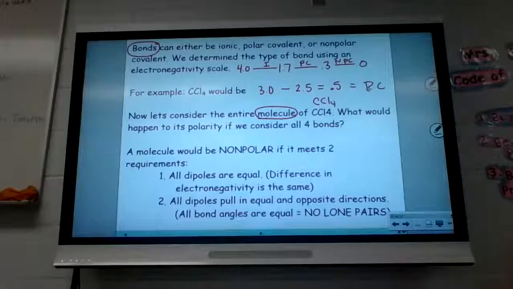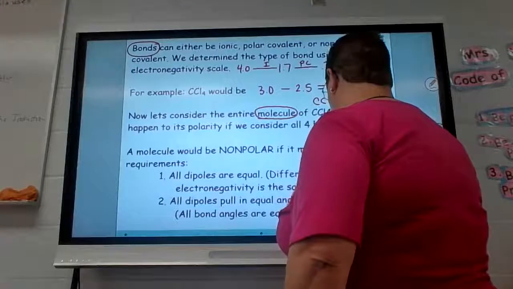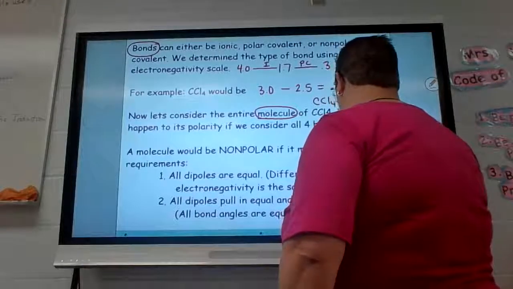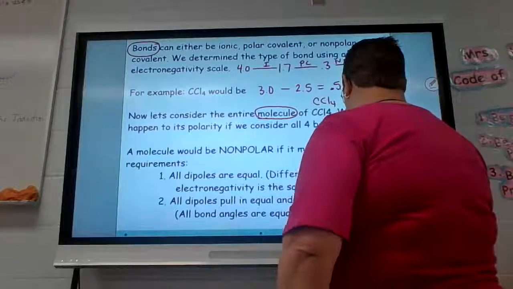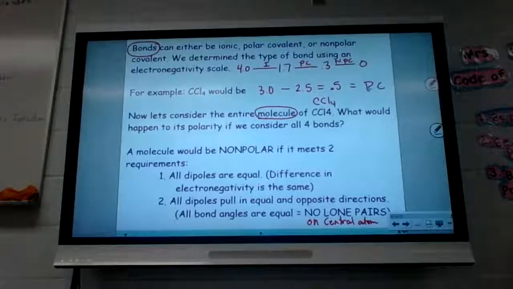Now, where are the lone pairs going to be important? Central. That's right, on the central atom. If there's no lone pairs on the central atom, then they're pulling in equal and opposite directions because the bond angles are equal.